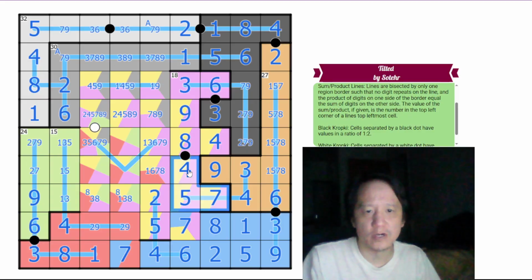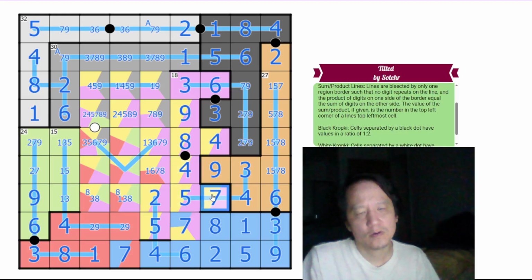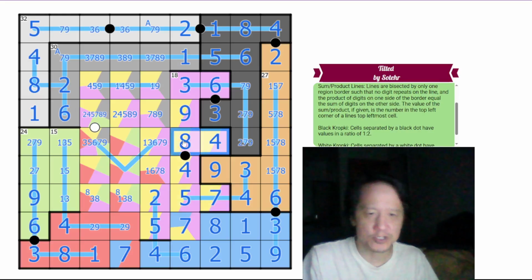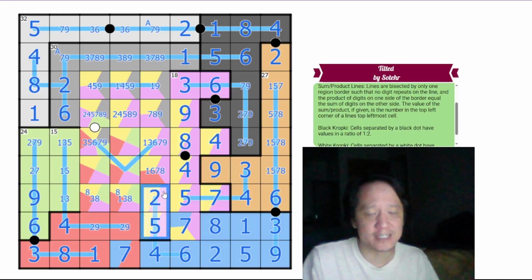So this would go up. Oh, interesting. This cannot go this way because that would be a separate region. So this would be a separate region. This would have to be a separate region, and this has to be a separate region than both.